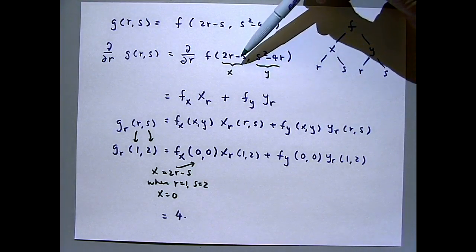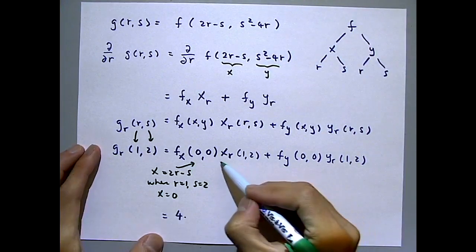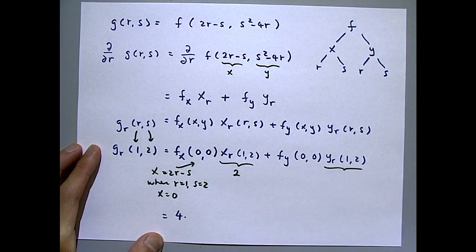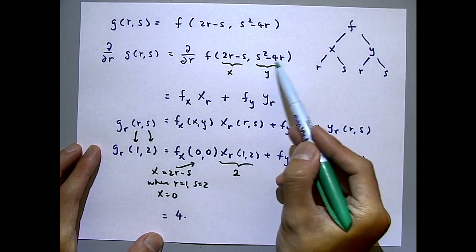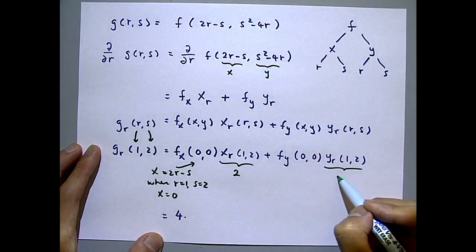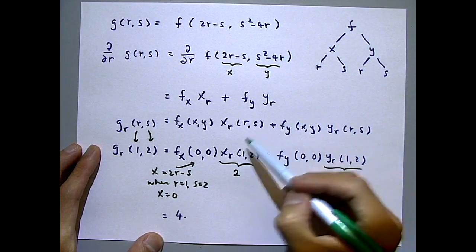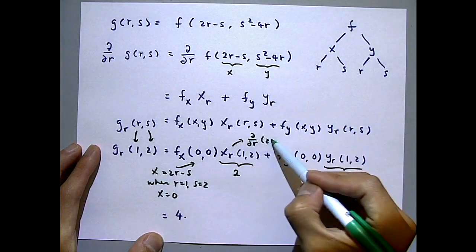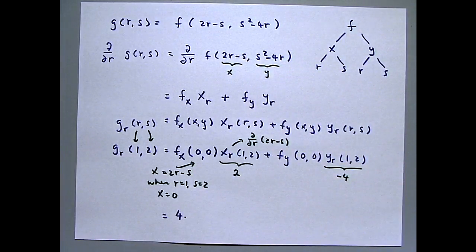So what's the partial of x with respect to r? 2, yeah? This is 2. What about y_r? It's -4. See that? x_r is the partial with respect to r of x, 2r minus s, and that's a 2. Same thing with that. So it turns out that these guys don't depend on r and s. That's okay.